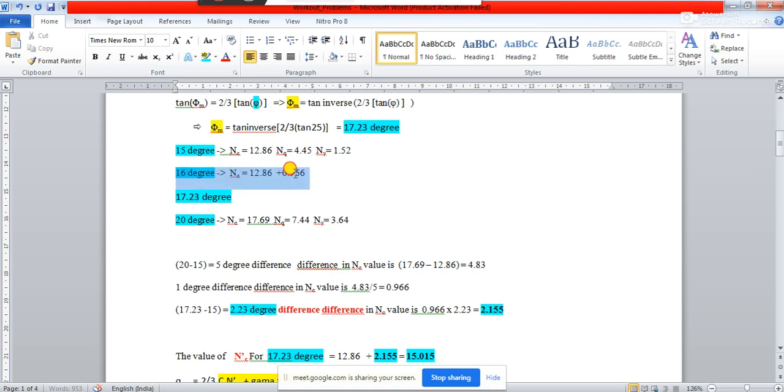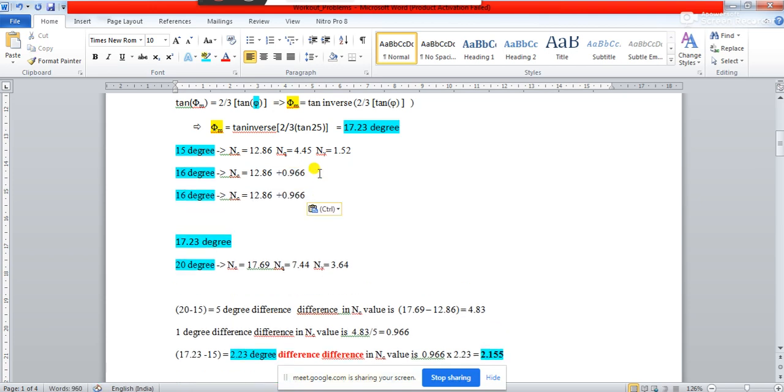For 17 degree, whatever the value for 16 degree is, to that I will have to add 0.966. Is it clear now? Yes, sir. So this is what interpolation is.